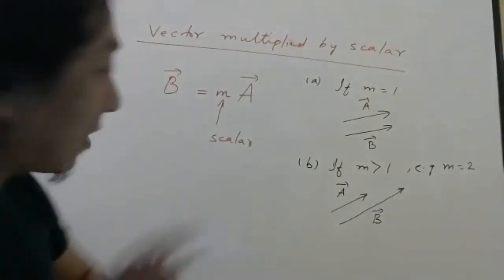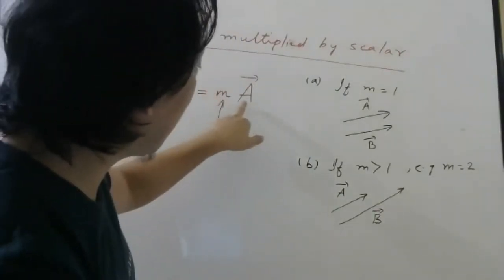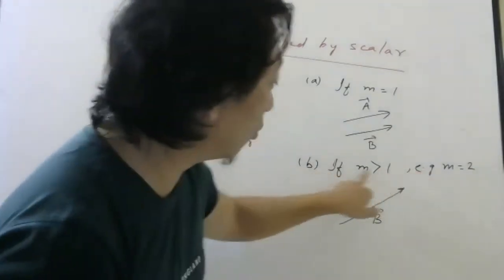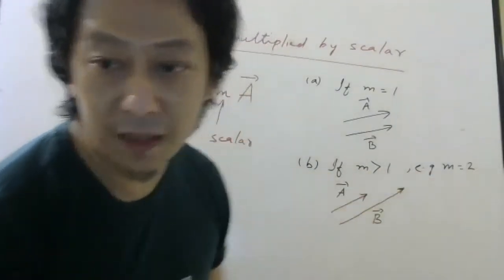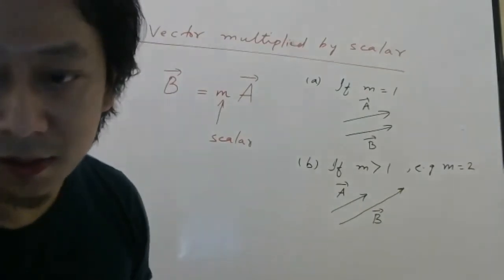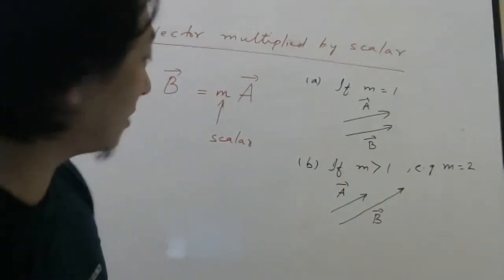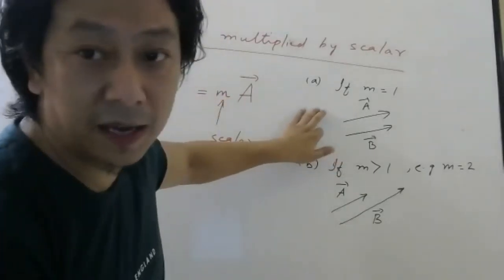Okay, students. So what I'm trying to tell you: when you multiply a vector A bar with a scalar which is more than 1, let us say 2, in that case A bar doesn't become B bar. Here A bar and B bar are equal only when M is 1.